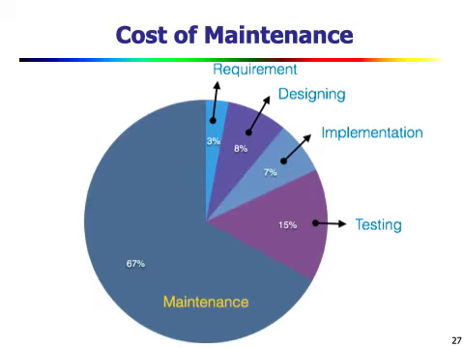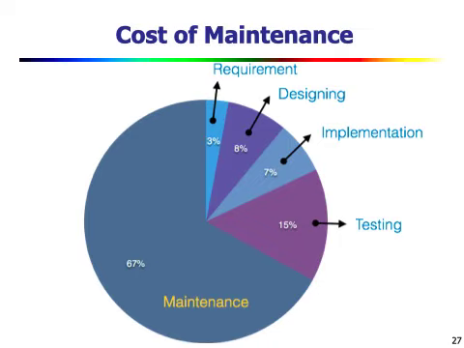Now about the cost of maintenance. Most of the reports suggest that the cost of maintenance is very high. A study on estimating software maintenance found that the cost of maintenance is as high as 67% of the cost of the entire software process cycle.